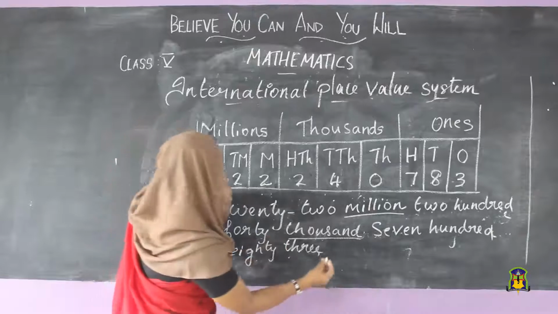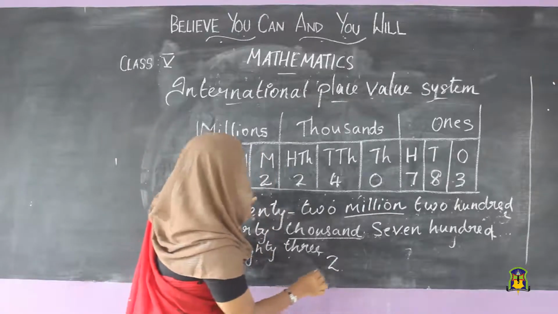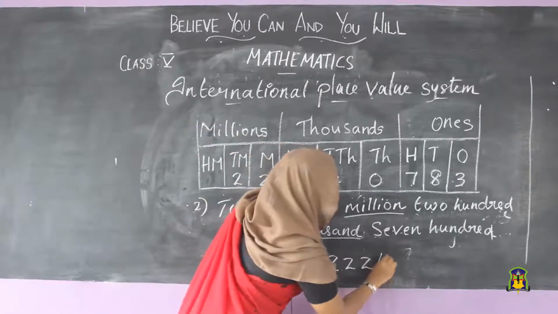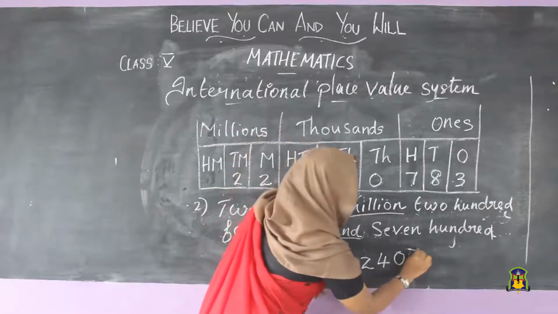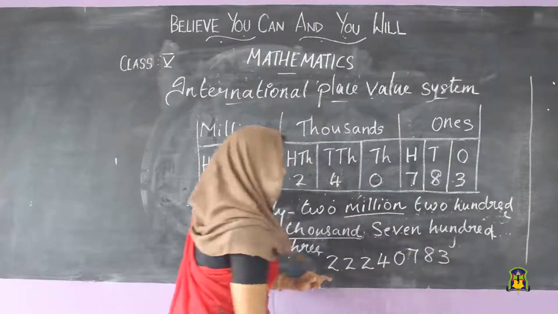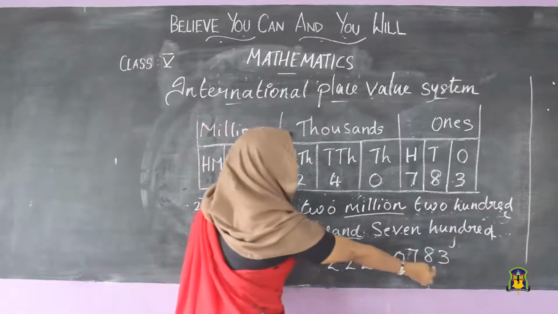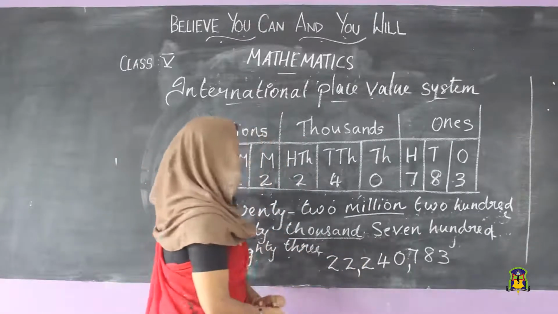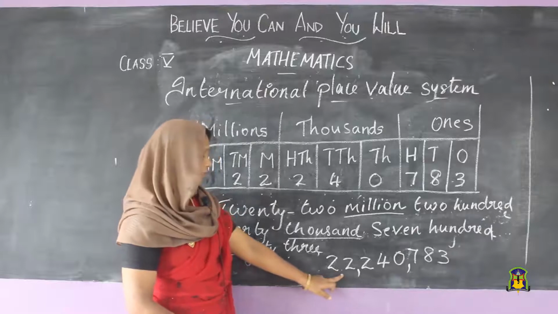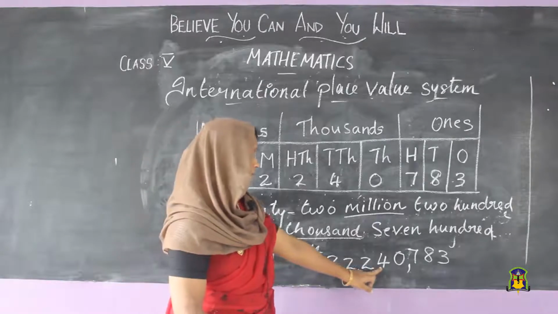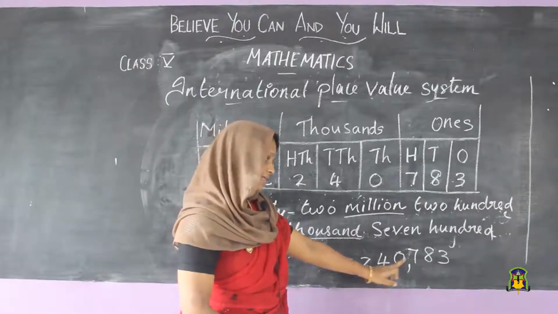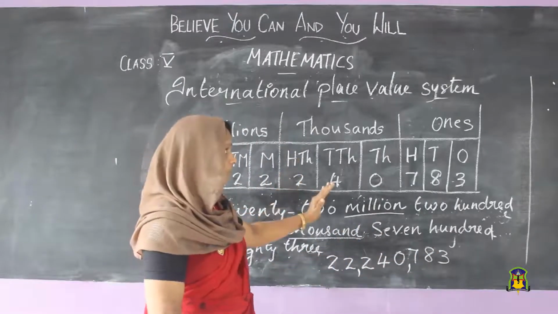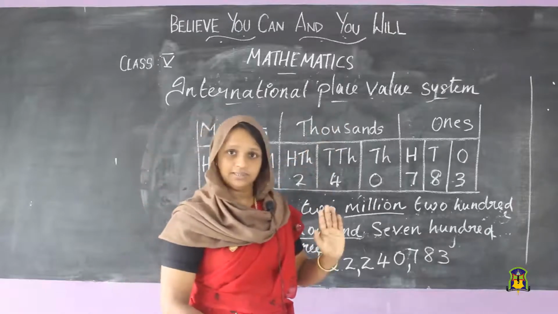So our answer is C, 22,240,783. We want to insert commas also: ones period, next comes 1000 period, then comes million period. So 22,240,783. So that's all about this international place value system.